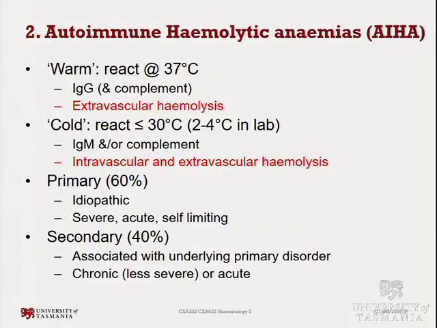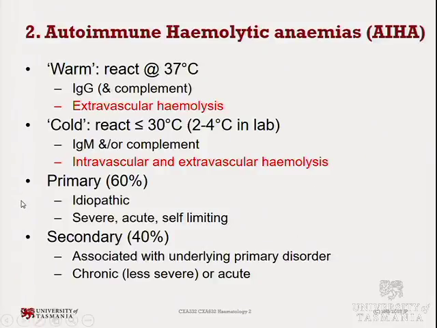Or what can happen is that they can attach to the red cells, and then as the blood comes back to the core where it's warmer, they will actually drop off again. But they can leave a little bit of complement behind, and then the phagocytes of the spleen will phagocytose them. So that's why we can also have extravascular hemolysis there as well.